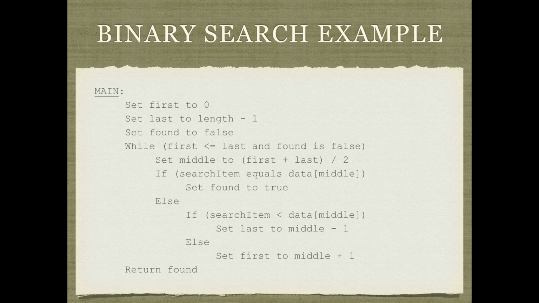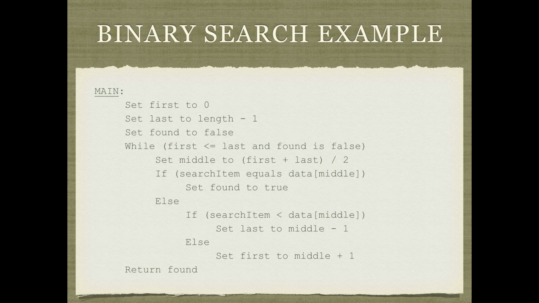So in that situation, we now take the value of middle and subtract 1 from it. So if the value is 4, now we're going to look at 3. So we can ignore everything from 4 to 9. Everything else bigger than the value we're looking for, we don't need to worry about it, it's gone. So first is still 0, last is now 3.